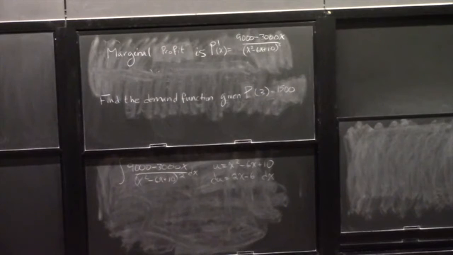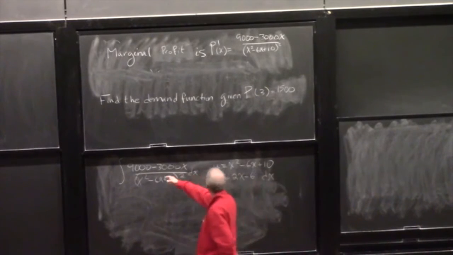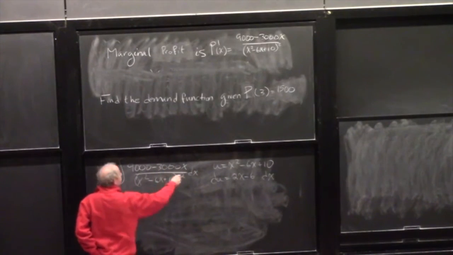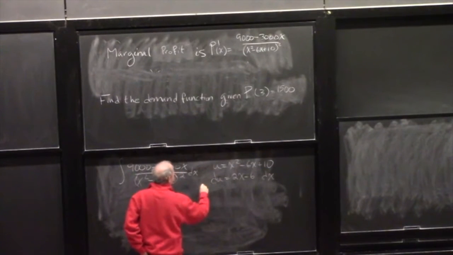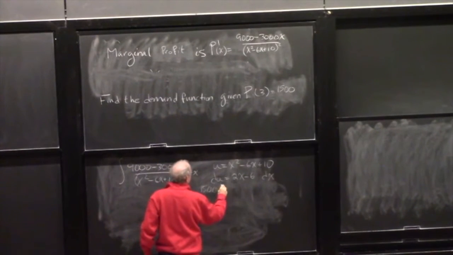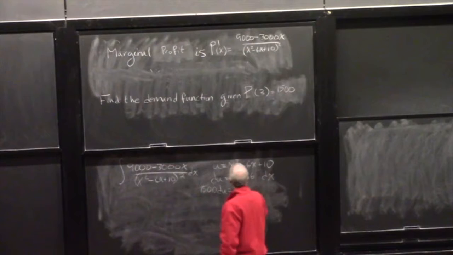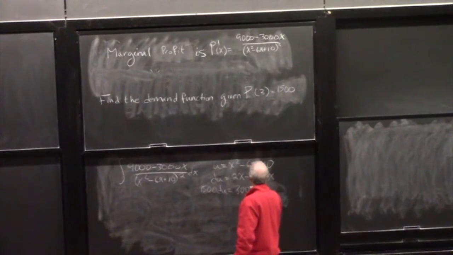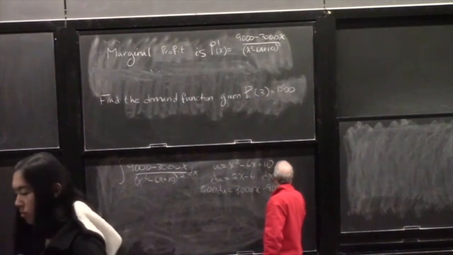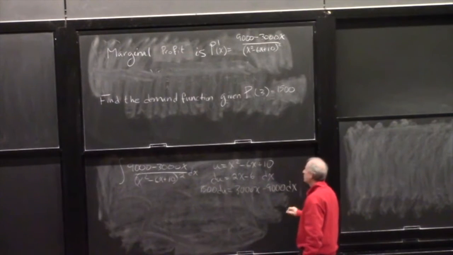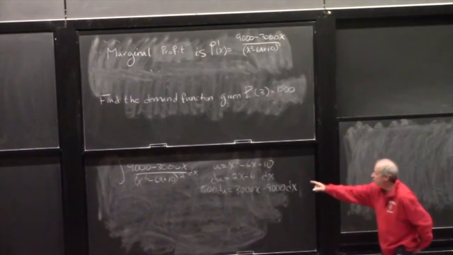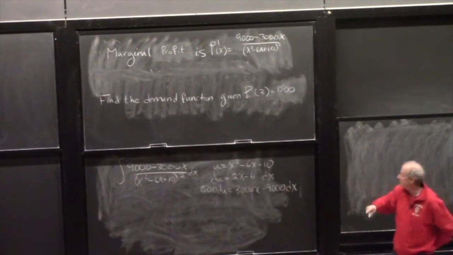I'm just reading this backwards. All right, so I could multiply this by 1,500 and I would get 3,000x minus 9,000 dx, which is essentially what you have up there with a minus sign.